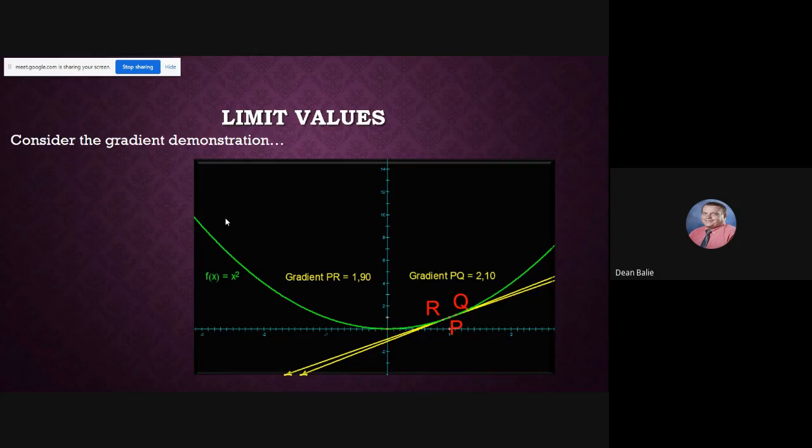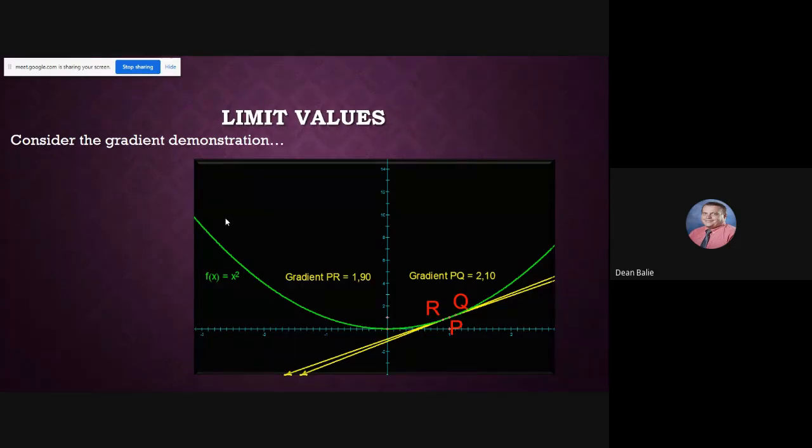What we're moving on to is a tool that will help us work out the gradient at a point. It will help us calculate instantaneous speed or velocity, or anything else that has a rate of change, and work it out exactly at a particular time point or at a particular value on a curve.